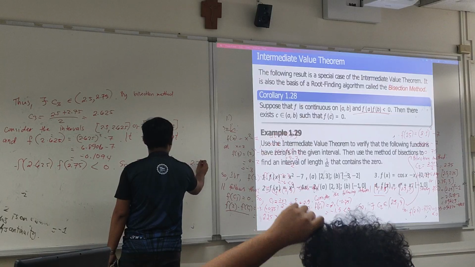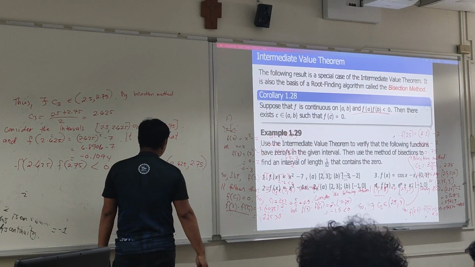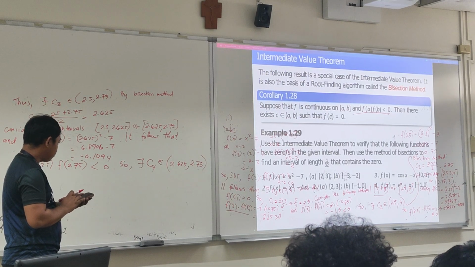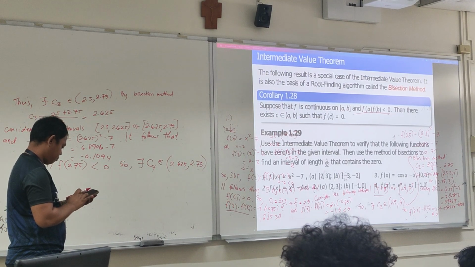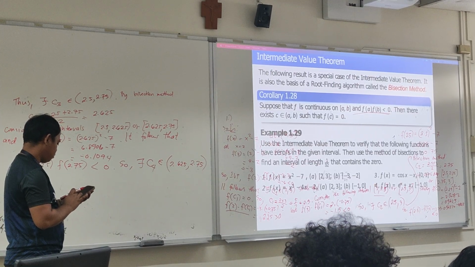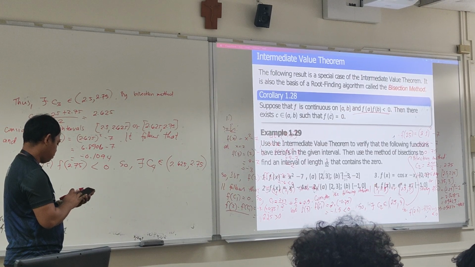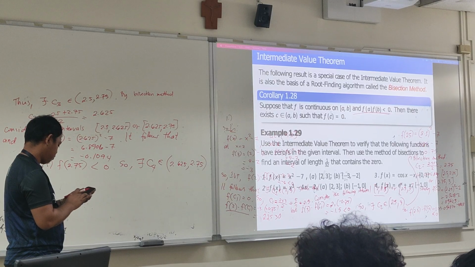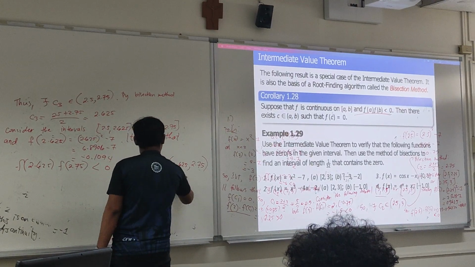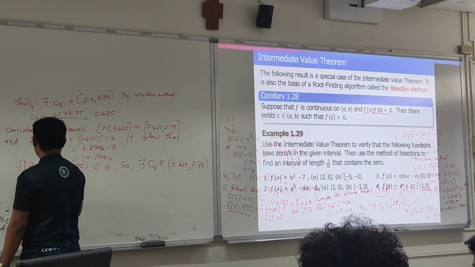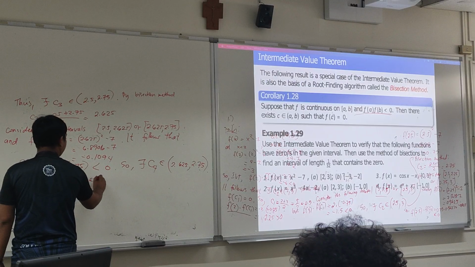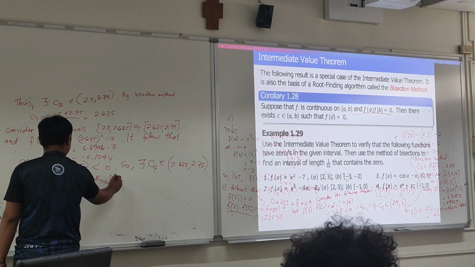Okay, so we're going to do C4 and then C5. By the bisection method, we're going to halve the interval.